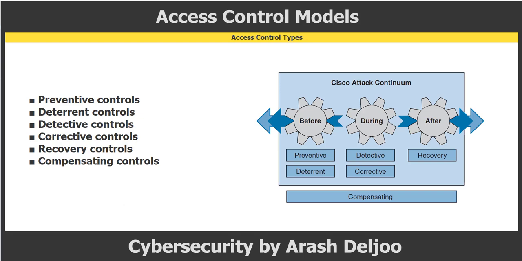It is sometimes hard to properly classify a control. For example, an access list could be classified as preventive. However, it might also be a deterrent because if you know that your access is blocked, you would probably not attempt to access a resource. An access list could also be used as a detective control if it is implemented in a way that permits traffic and logs when someone has actually accessed a resource.